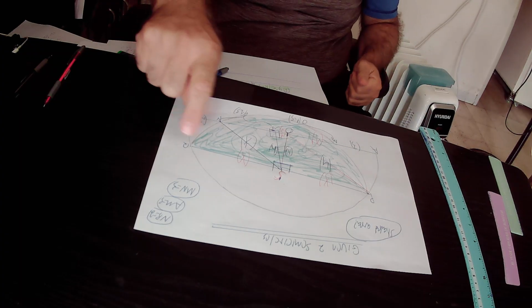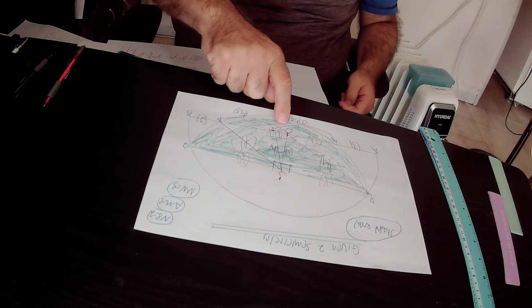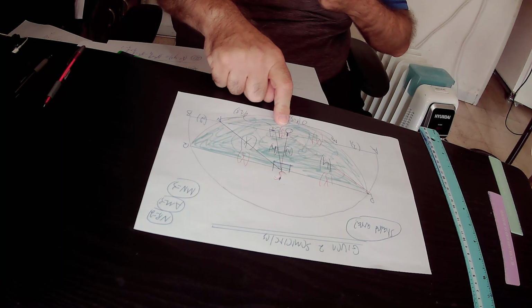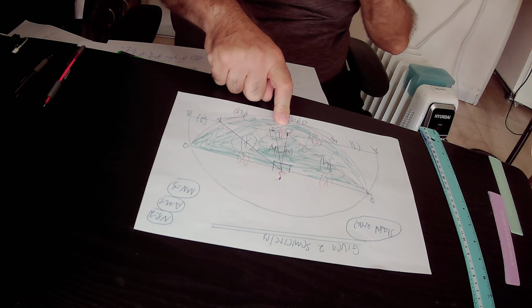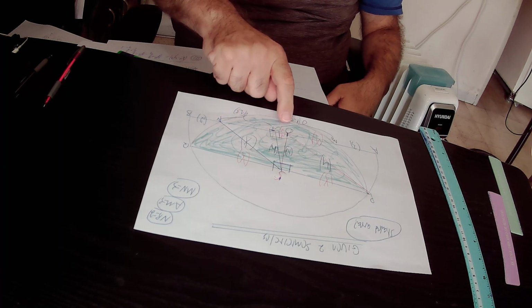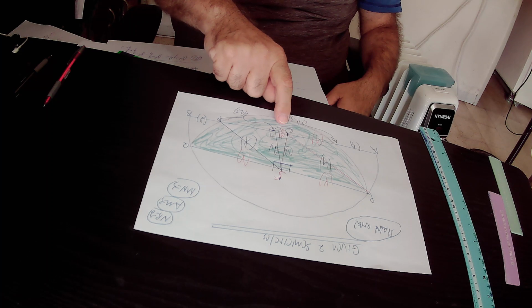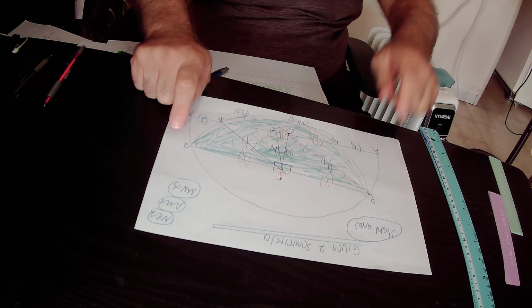So from the center of the big semicircle, from this point O, we draw a chord bisector, because line segment OS bisects chord PQ.